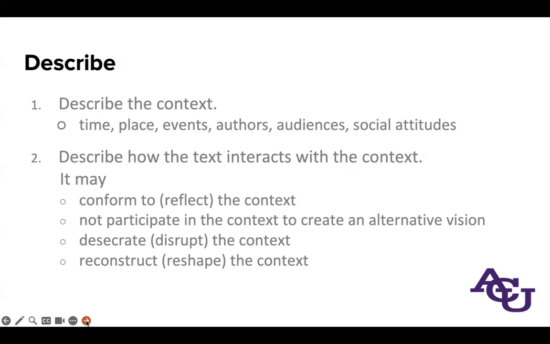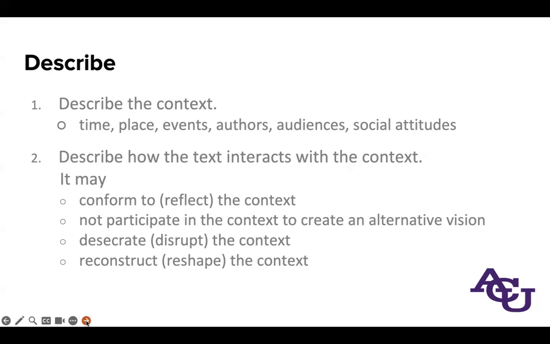Second, when you describe, how does the text interact within the context of time, place, events, authors, audiences, and social attitudes? Does the text conform? In other words, if you want to see a reflection of that top line, number one, time, place, events, authors, audiences, social attitudes, does the description conform to this, or does it disrupt?